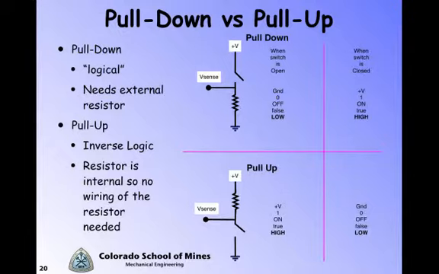Okay, so what that means is if you're using that switch and you wired it for a pull down, then you don't have to think about the logic. It's as you would expect. In the pull up, however, you have to invert the logic.